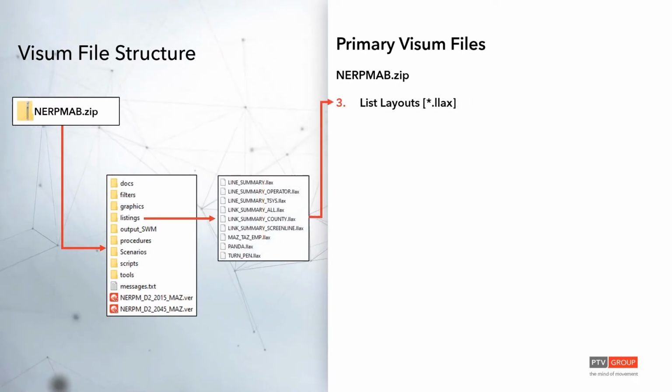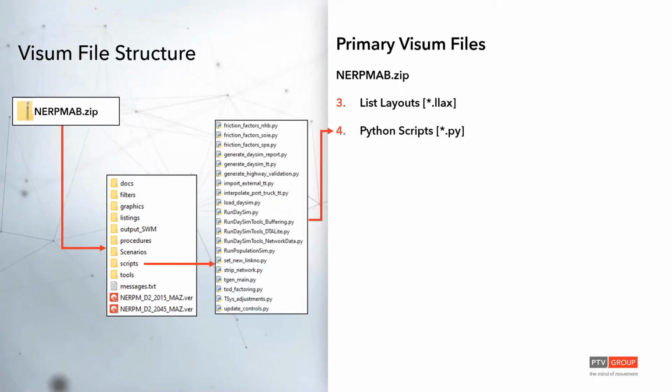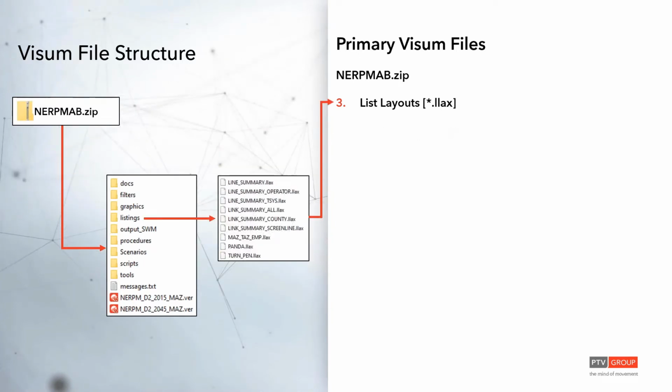Now the next set of files that you might see are what are called list layout files, and all these files are grouped in the listings subdirectory. So what are list layouts? In Visum, for each network object there is some associated data.